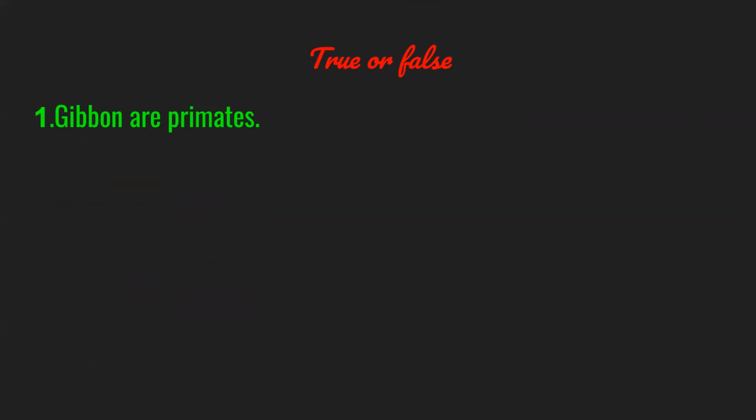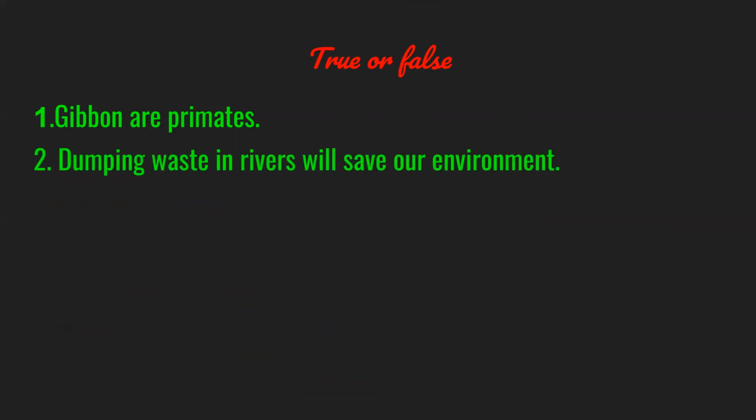So human beings, apes, and monkeys are called primates, and they are mammals. So you have to find out whether gibbons are primates or not. Number two, dumping waste in rivers will save our environment.